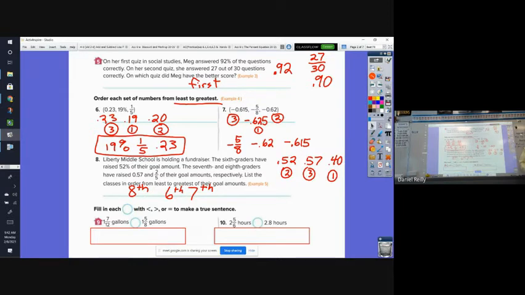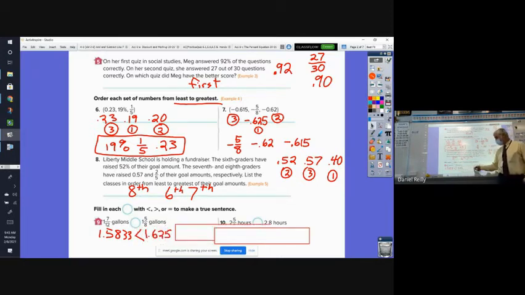Answer the question. All right, 1 and 7/12 is 1.58333333333. How many do you have to write out? As many as you need. In this case, you don't need any, because 1 and 5/8 is 1.625.